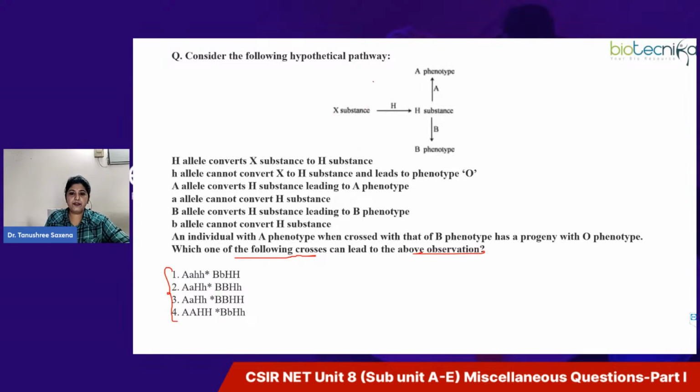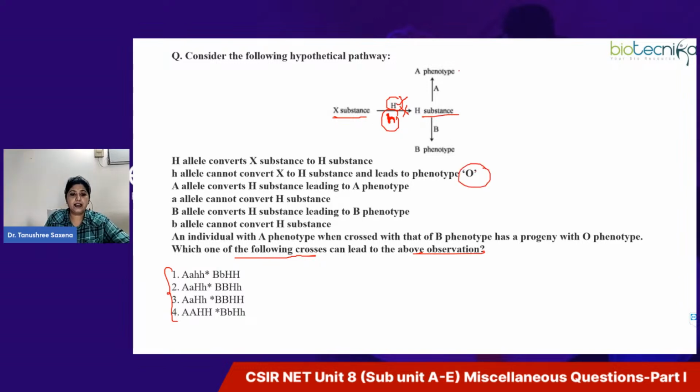Even in this pathway, you can see that X substance is converted by the H allele to H substance. Let's say this is a dominant allele; if we have the recessive allele, as you know we represent the recessive allele with a lowercase letter, it will not convert X to H substance, but it results in the O phenotype.